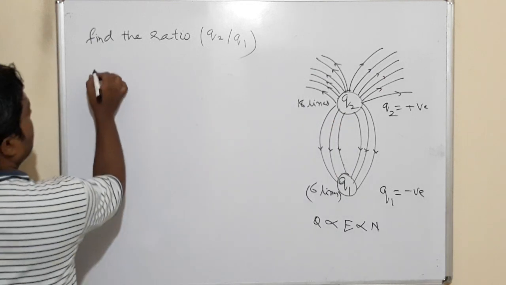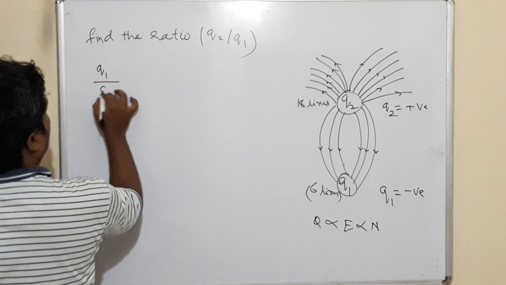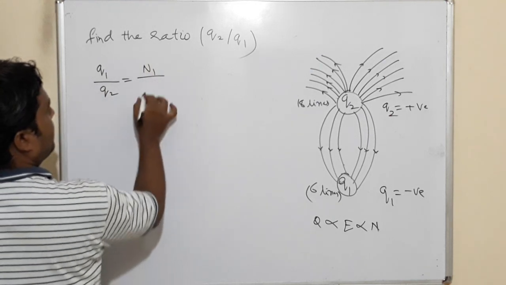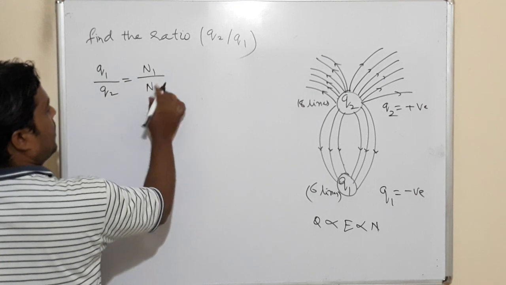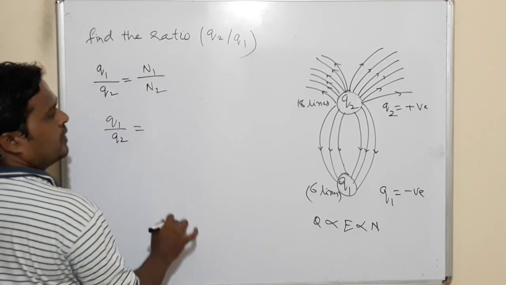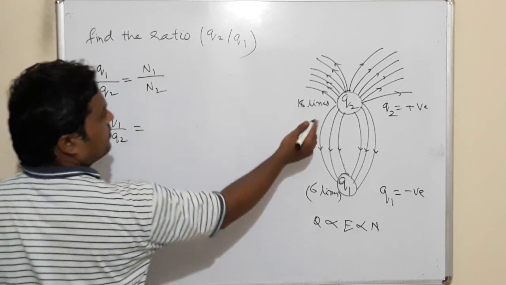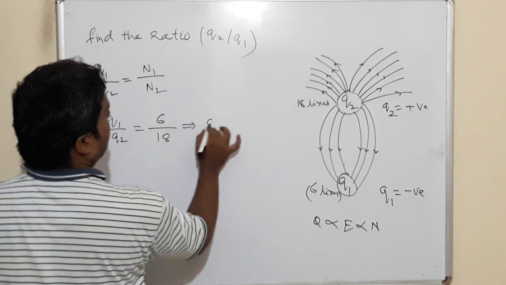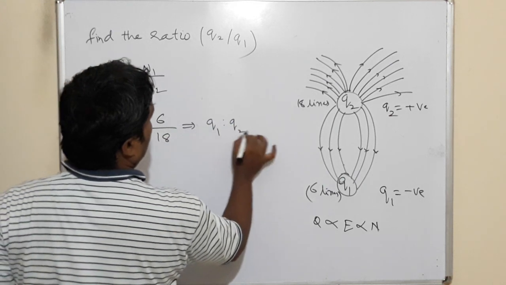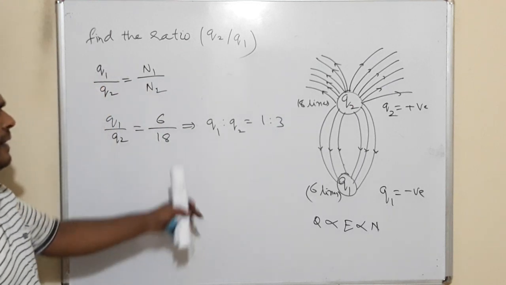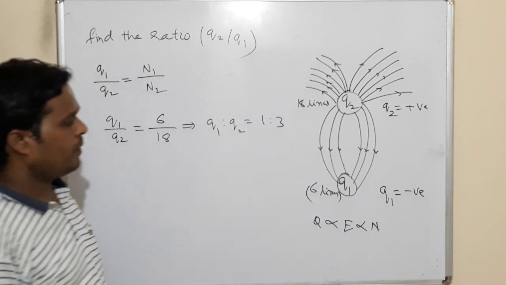That means Q1 by Q2 is equal to the number of lines around Q1 divided by the number of lines around Q2. Then Q1 by Q2 is 6 lines by 18 lines. That means Q1 is to Q2 must be equal to 1 is to 3. Like this you can find the ratios. Okay.